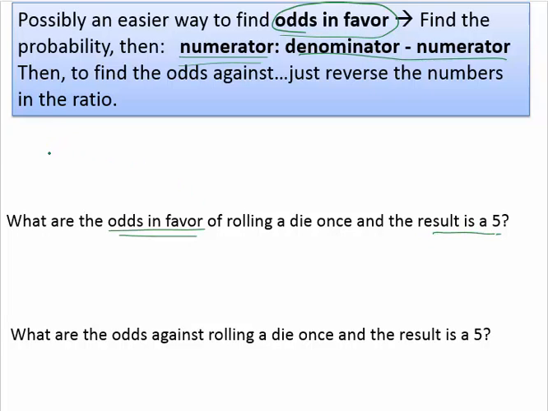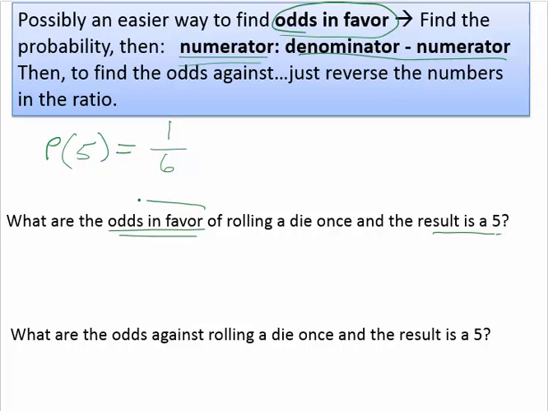First, just do what we've been doing this entire chapter. Find the probability of rolling a 5. Well, there's 6 possibilities, or 6 numbers in the sample space. When you roll a die, it's going to be a 1, 2, 3, 4, 5, or 6. And there's only one way of rolling a 5. So the probability of rolling a 5 is 1 out of 6, or 1/6.